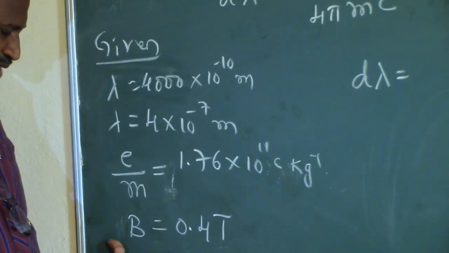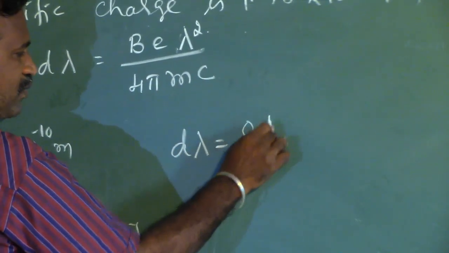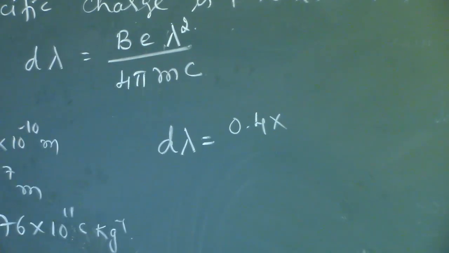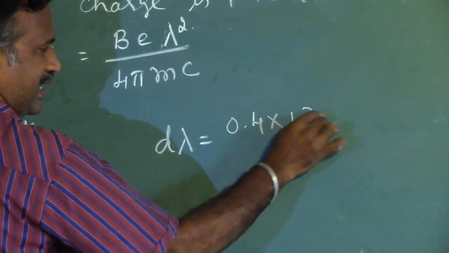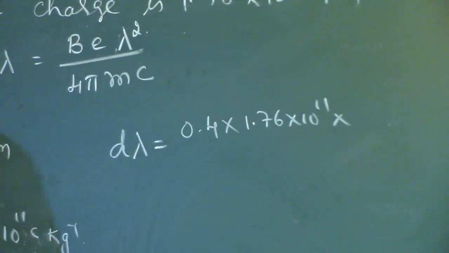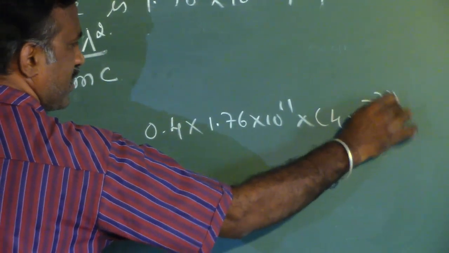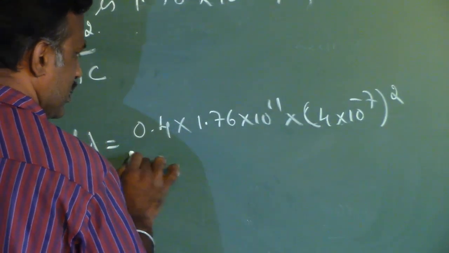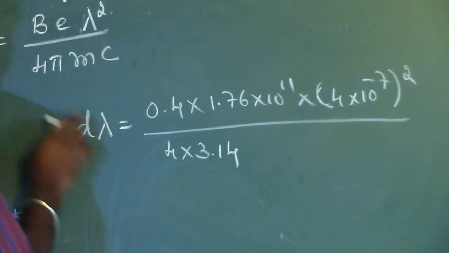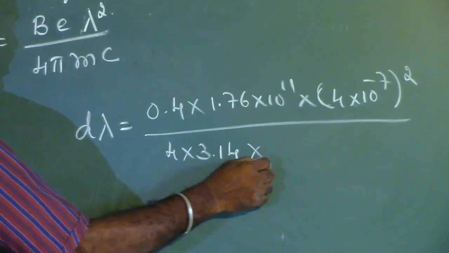Now let us substitute these values in this formula. We get B as 0.4, and instead of writing charge of electron and mass of electron separately, I will directly write e by m as 1.76 into 10 to the power of 11 coulomb per kg, and the wavelength as 4 into 10 to the power of minus 7, the whole square. The whole divided by 4 into 3.14, that is the value of pi. m we have taken as e by m, so there is no need of writing m.